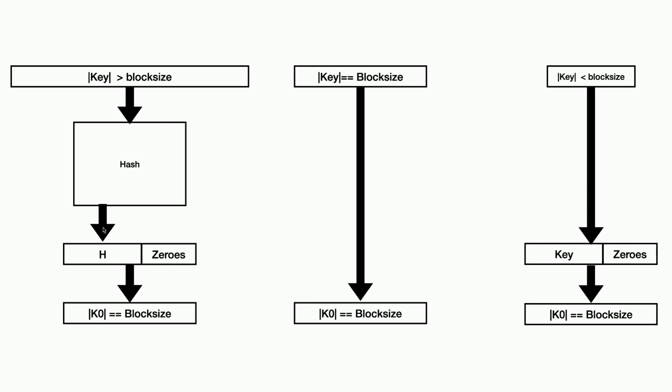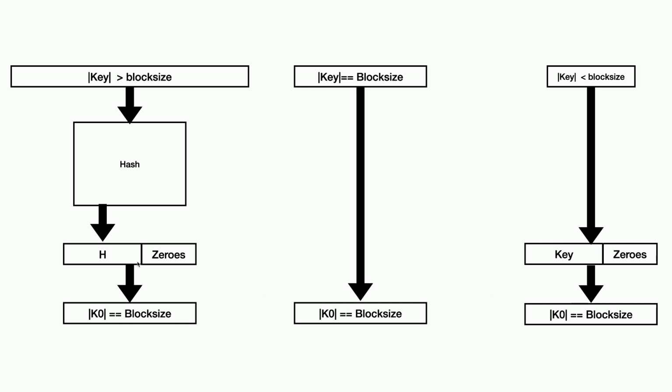Typically, the size of the output of the hash will be identical to the block size, and so you just take your big key, hash it, and that would become K0, key 0. If the size of the key is equal to the block size, you just use it. And if it's smaller than the block size, you would pad it with zeros and use it like that.